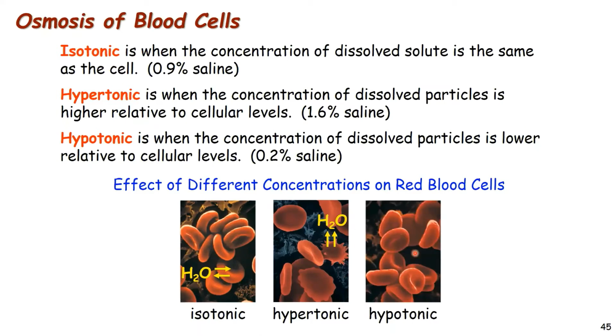In this particular case, the salt solution outside the cell is actually less than the salt content within the cell. And so what this results in is a net flow of water into the blood cell, again, to try to get the concentration the same in and out, and that causes the red blood cells to balloon up and eventually could even burst. So this is called hypotonic. Now, of course, hypertonic or hypotonic is a fatal condition. So you'd be hospitalized for that.